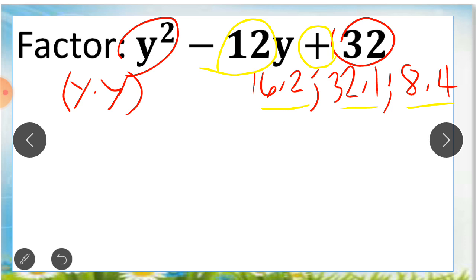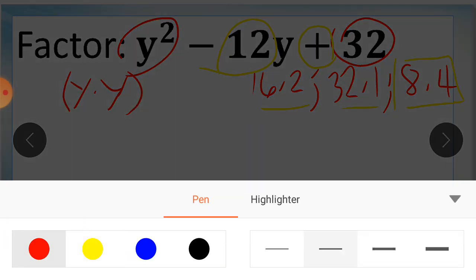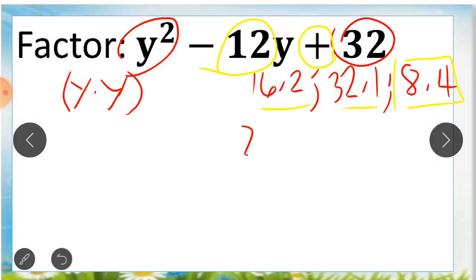Okay, so of course we're going to choose 8 and 4. So 8 and 4. Now the next thing to consider are the sign.